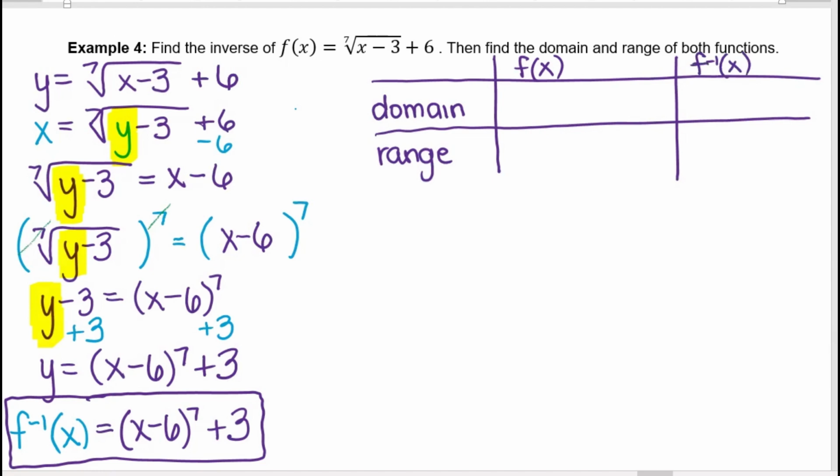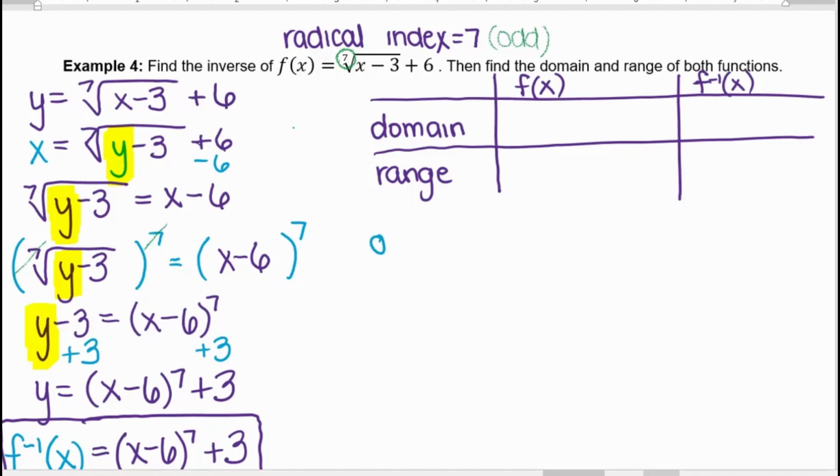All right. So if we look at our original function, this is a radical function because we have that root going on. And this time our index is 7, that itty bitty little number right there is 7. And we know that 7 is odd. With our odd index radicals, the domain is immediately all real numbers, negative infinity to positive infinity.